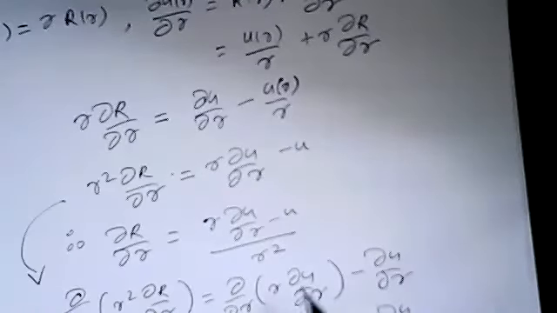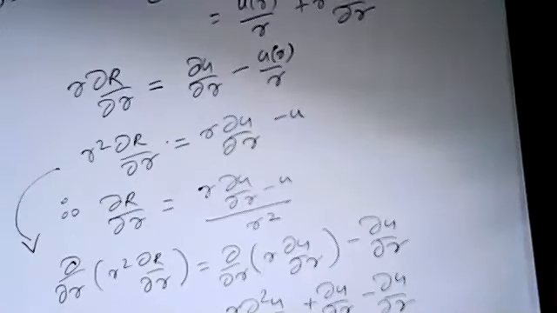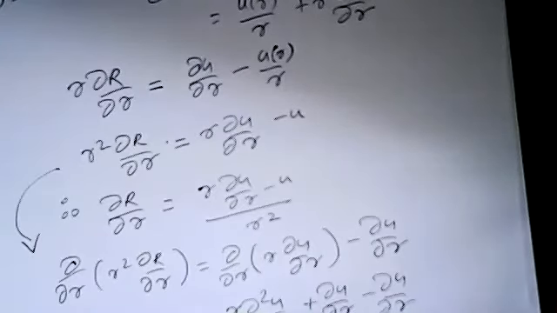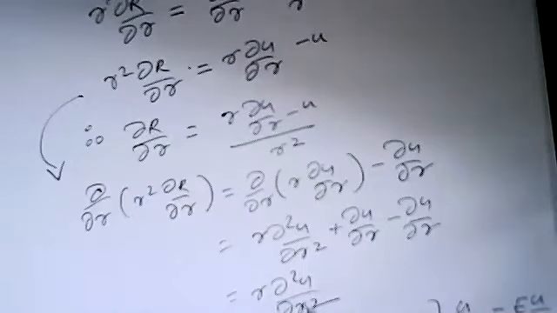So it becomes dou by dou r of r dou u by dou r minus dou u by dou r. You can write it as r into, differentiating this independently, r dou square u by dou r square plus dou u by dou r minus dou u by dou r. These two cancel, so that becomes r into dou square u by dou r square.